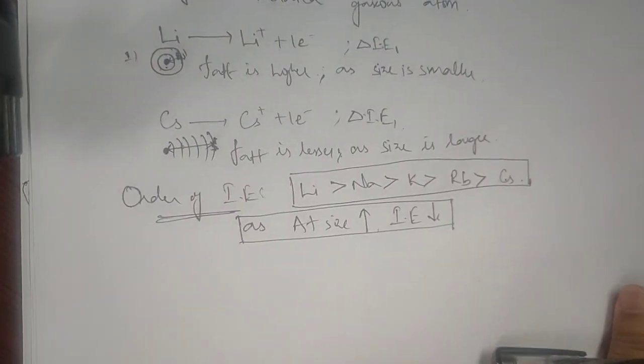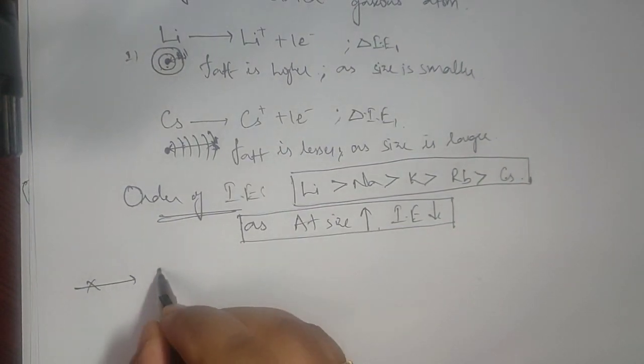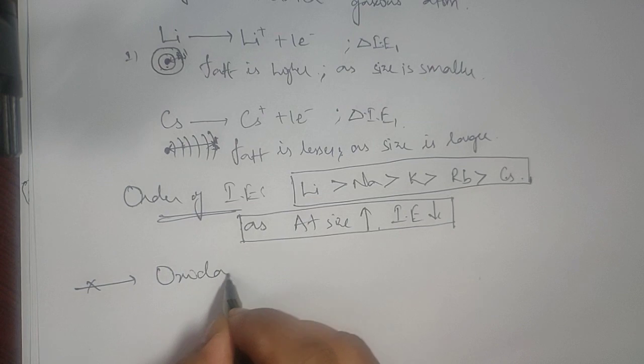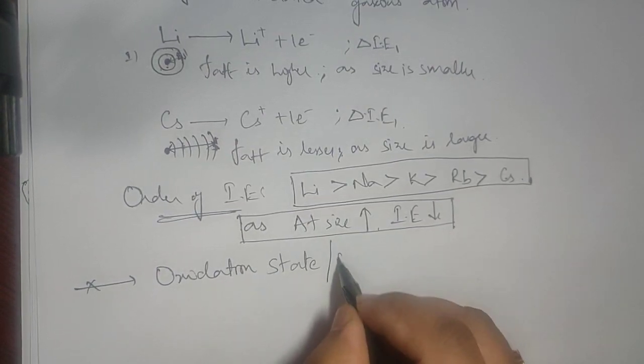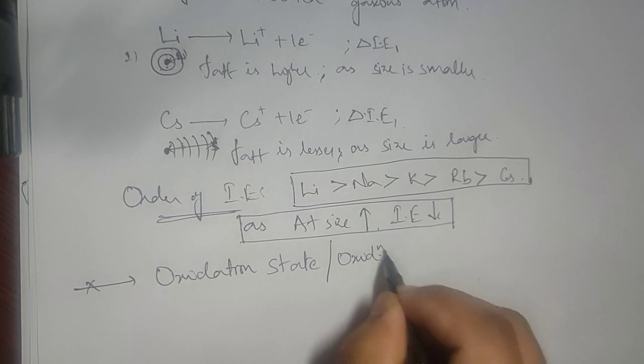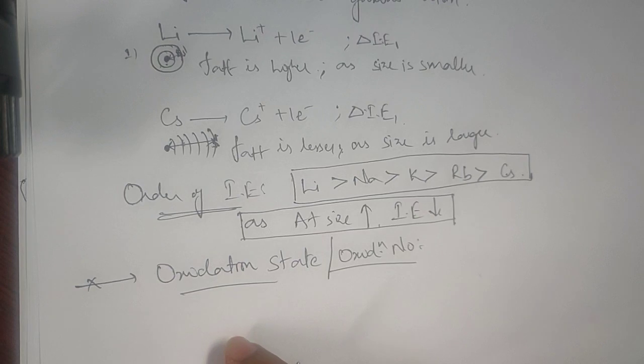It's about oxidation state. The next property is oxidation state. We can also call it oxidation number. Both refer to the same thing. So what is this oxidation state or oxidation number?